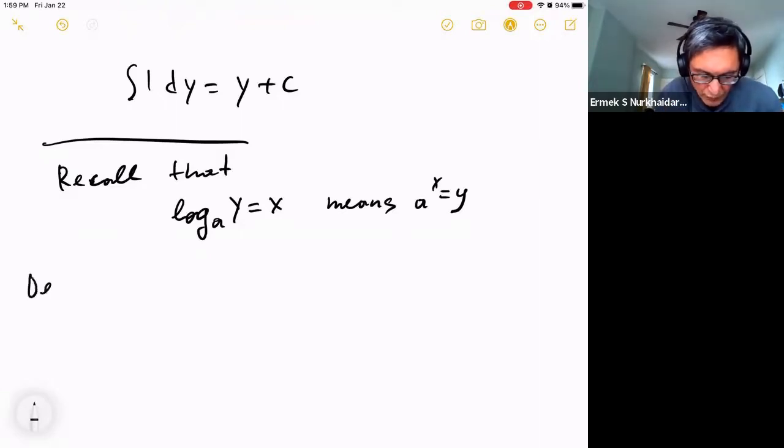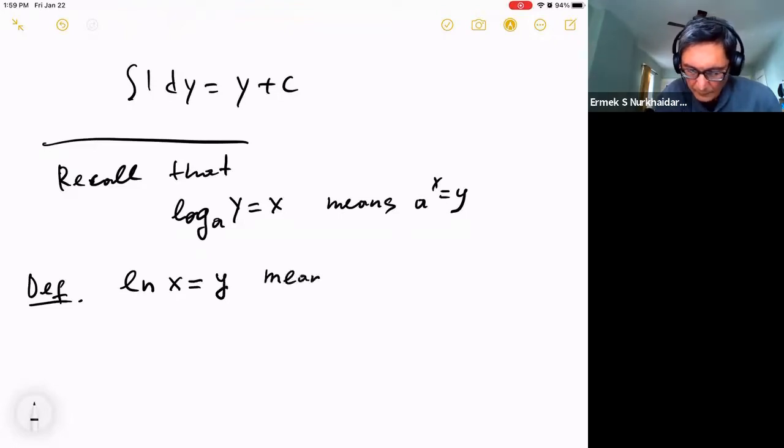We'll introduce the natural log. Natural log of x equals y means e to the y equals x. So the natural log is the inverse of the e to the x function.